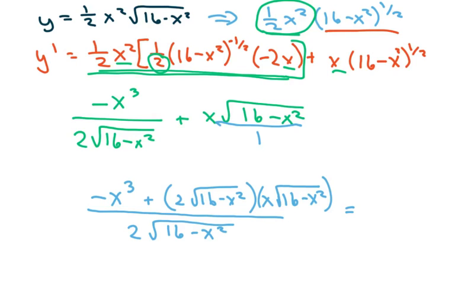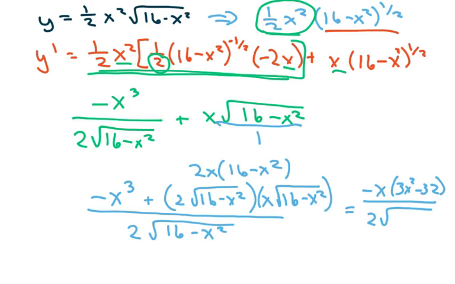And that's just going to be, this part here is just going to be 2x times 16 minus x squared. And then when you fix all that up, you should get, let's see, negative x, and then you'll have 3x squared minus 32 all over 2 times the square root of 16 minus x squared. All right, I just distributed here and added everything up.